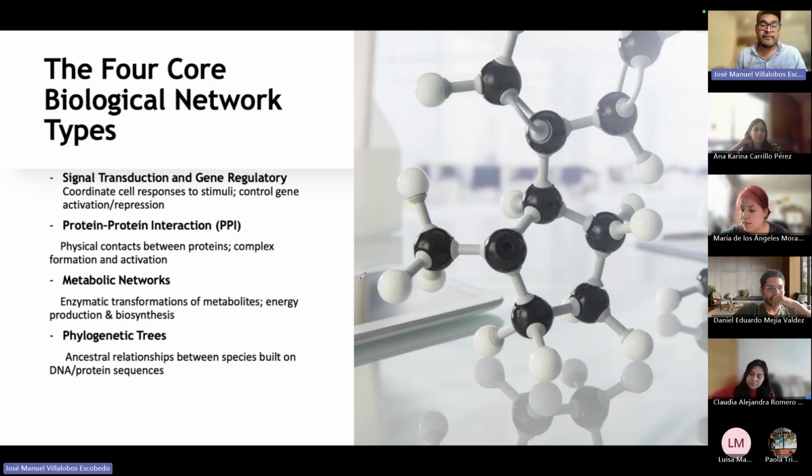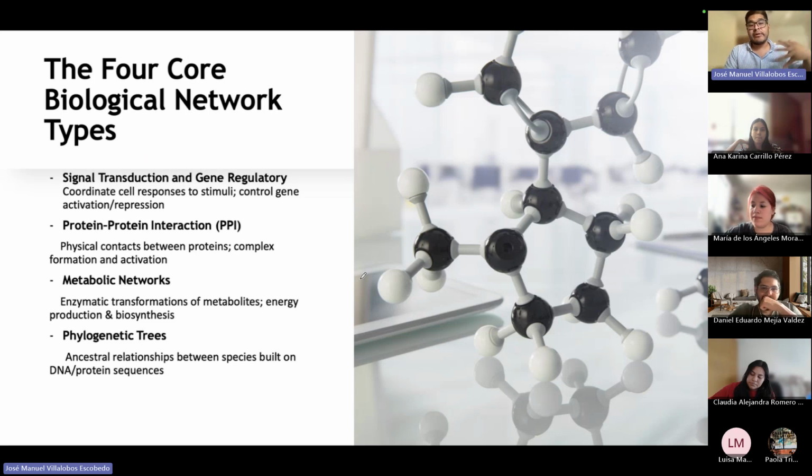And the last one is phylogenetic trees, which are also a kind of network that talks about how similar genes or proteins are between them. This is a part of the evolution topic, but it's very important that you know that this is another layer we can represent in networks, because they are connected by similarity between genes, sequences, and the different species that we can describe and how they are connected between them.